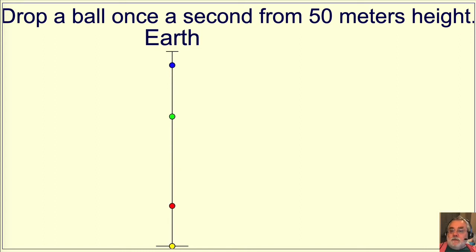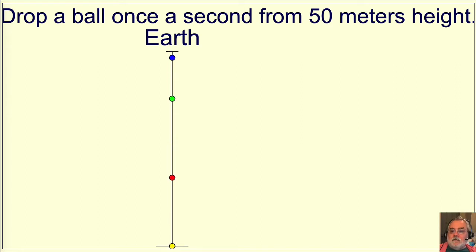So its average speed will have been half as much as the instantaneous speed, or 9.8 divided by 2 equals 4.9 times t meters per second. It has fallen for t seconds at average speed 4.9 times t meters per second, so the distance it has fallen is the product of those two values, or 4.9 times t squared meters.